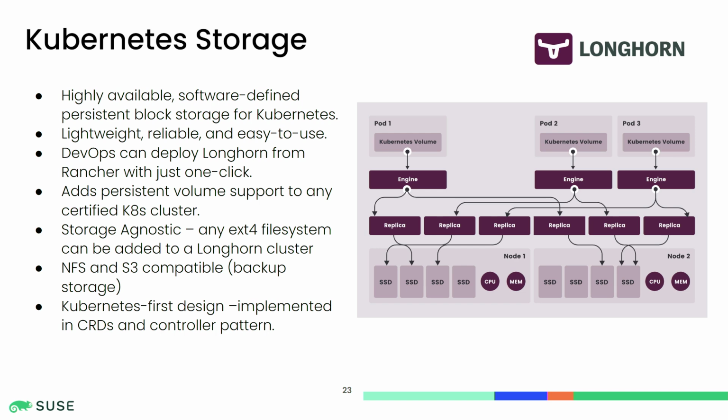So let's say one of your machines goes down, you're not failing as the storage is not available any longer. In the end, it's highly available by that. And it's a Kubernetes-first design asset, so it was really tailored for Kubernetes workloads.